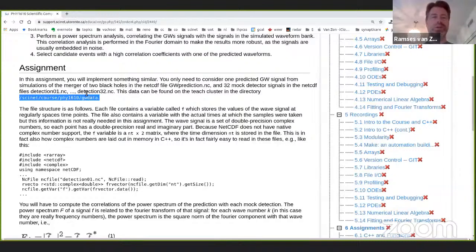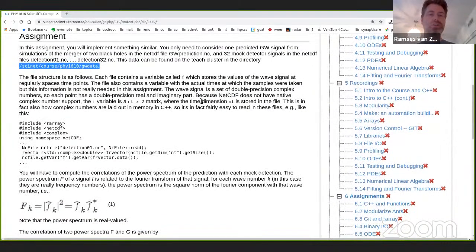We made them up so that we know some of them will match our prediction and make this assignment doable, rather than having by accident a set of detections that do not have gravitational waves, which would make for a rather frustrating or boring assignment.